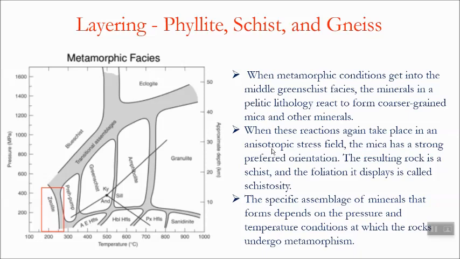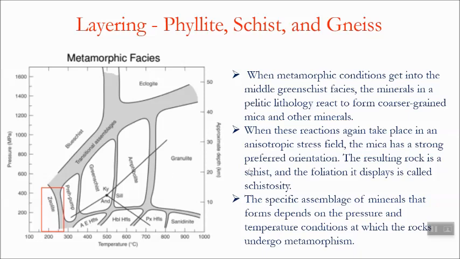And since the pressure is increasing, the anisotropic stress field also increases, and that leads to the strong preferred orientation of the biotite or the newly developed mica. So the preferred orientation is stronger than phyllite, and we have darker color.